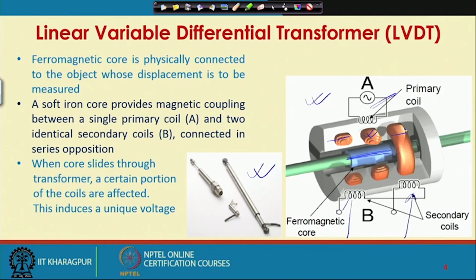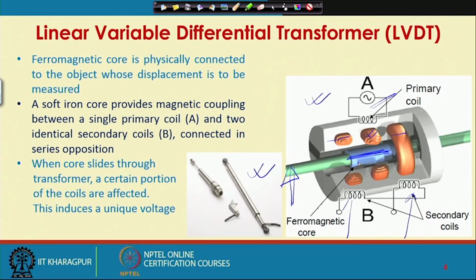The object whose displacement needs to be measured is physically connected to this core. Now, with the motion of the object, this core will have a movement.